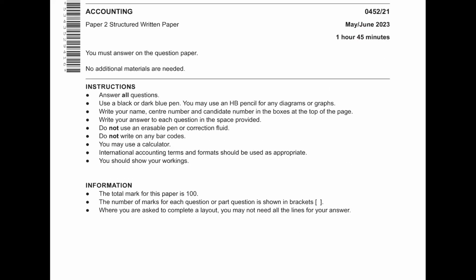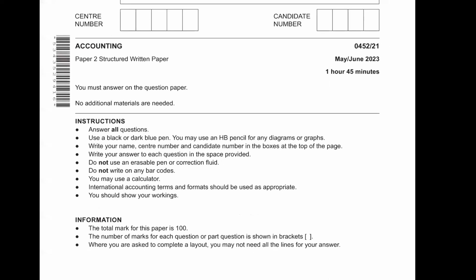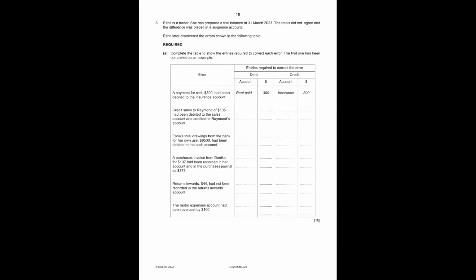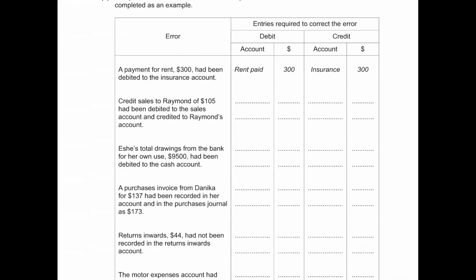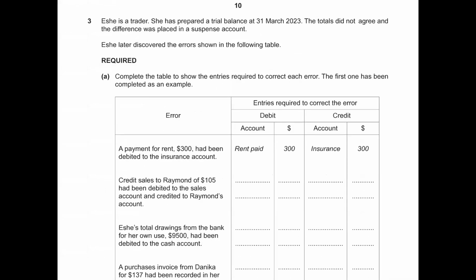So this is a question paper that we are looking at, and there is a specific question number that I want us to consider as we cement our understanding of the errors, rectification of the errors. A very good question it is indeed.